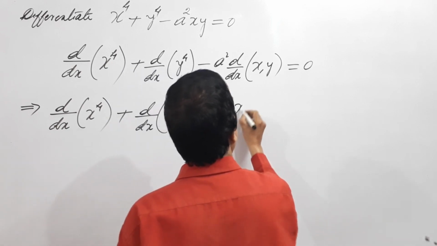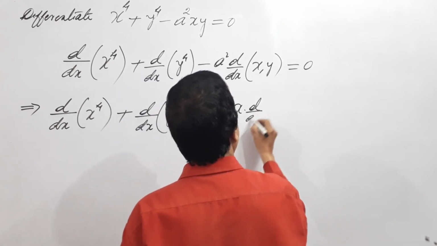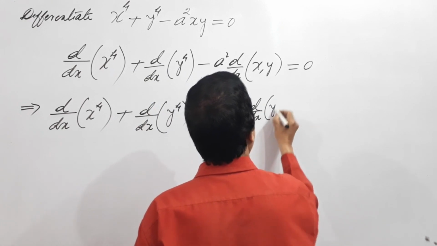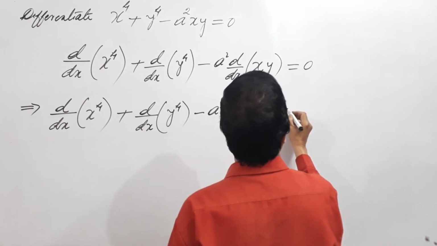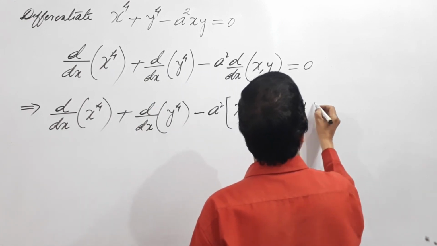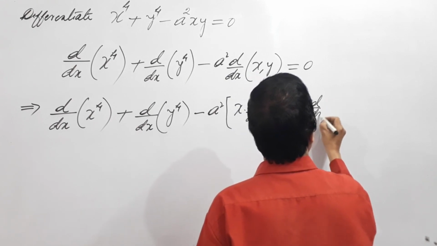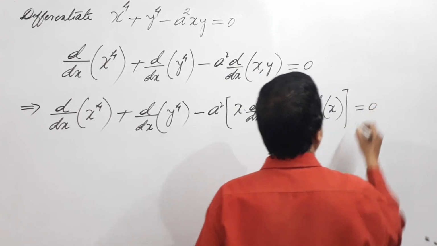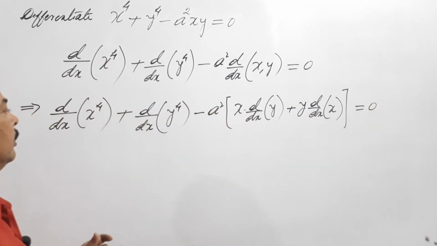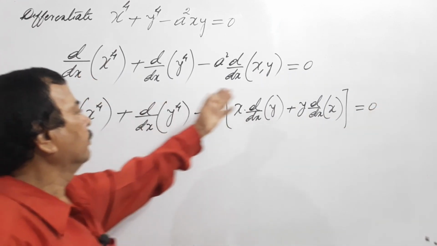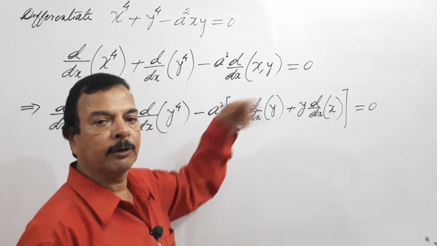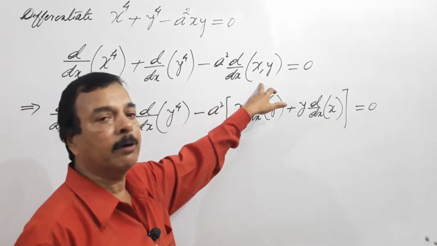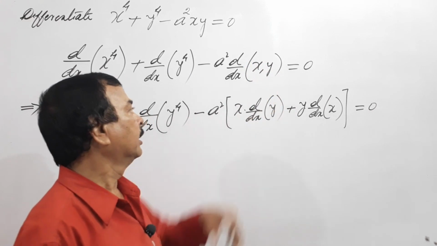This is x into d by dx of y plus y into d by dx of x equals to 0. So what I have done, I used product rule here. You have to use the product rule because there are two functions.